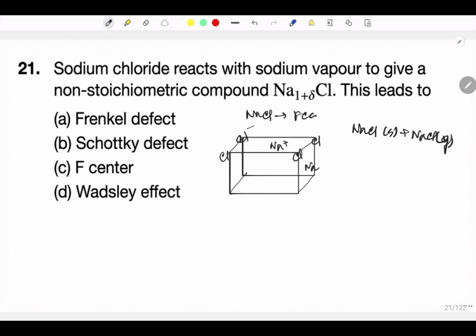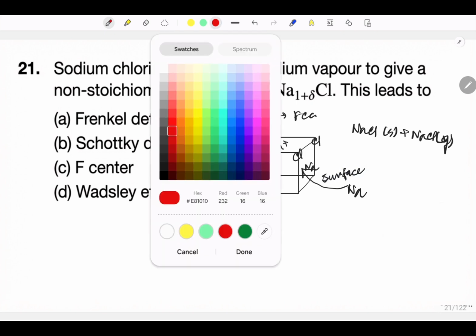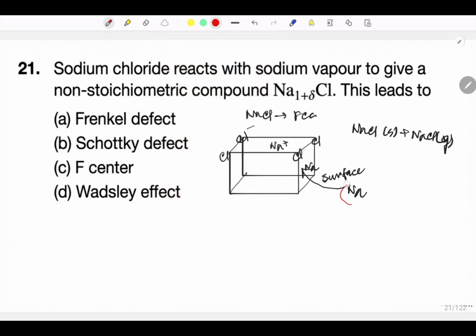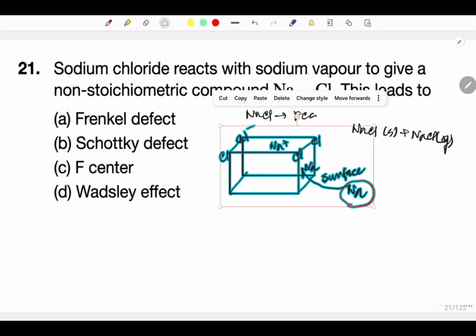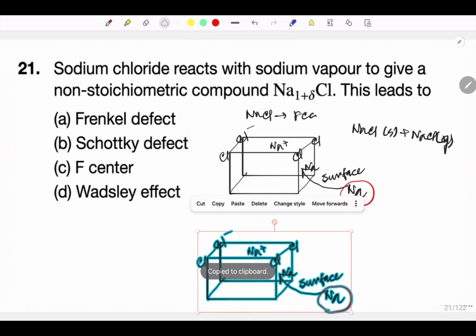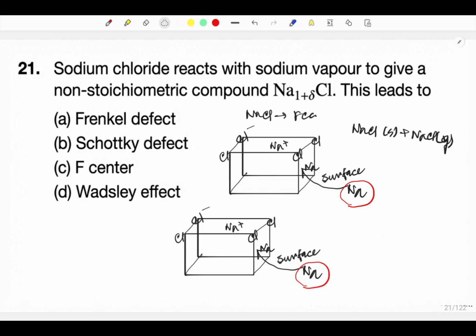In this crystal, the sodium will be deposited on the surface.